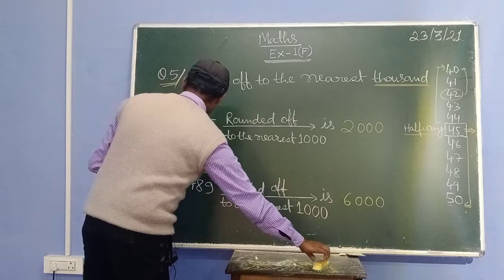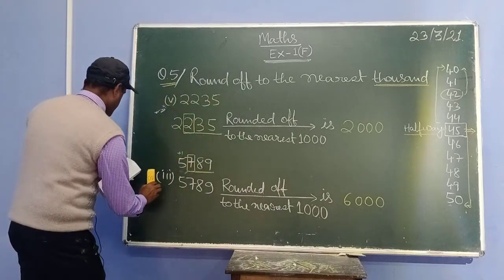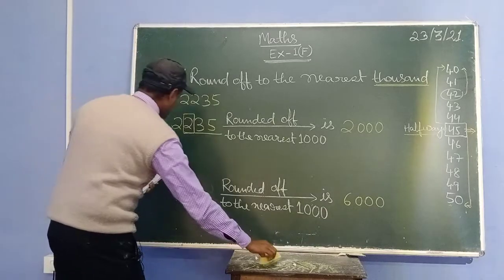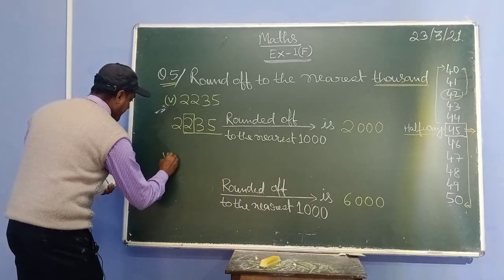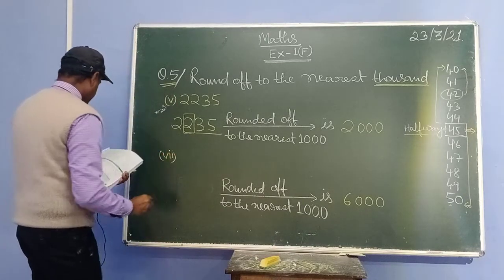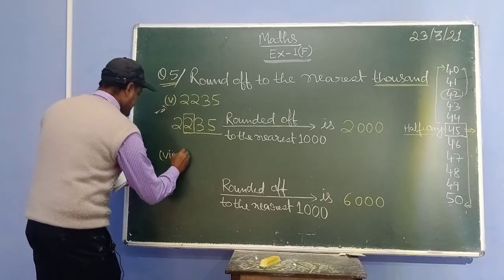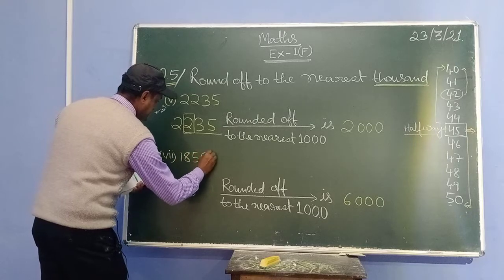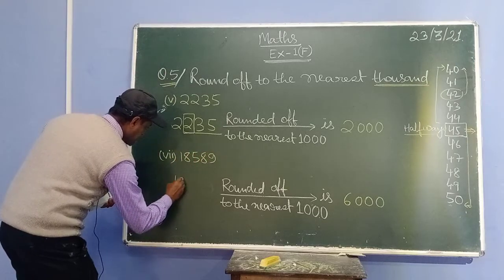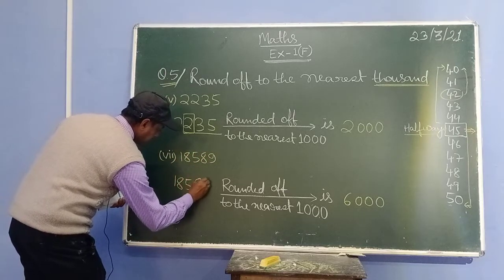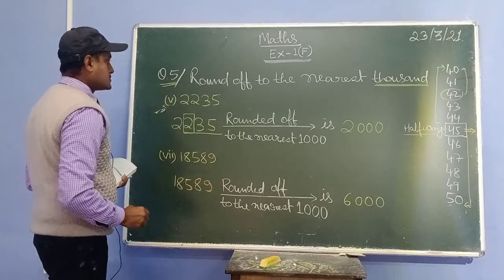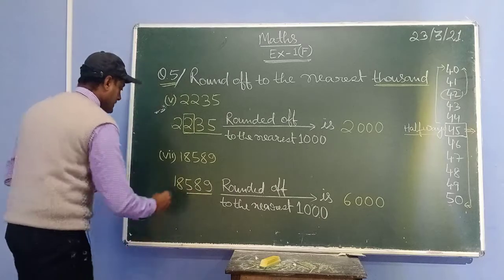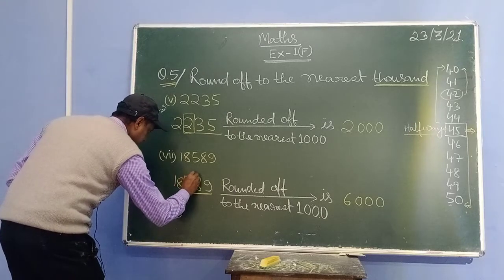Now we will do one more, that is part 7. Part 7 is 18,589. This is rounded to the nearest 1000, and 5 is equal to 5.